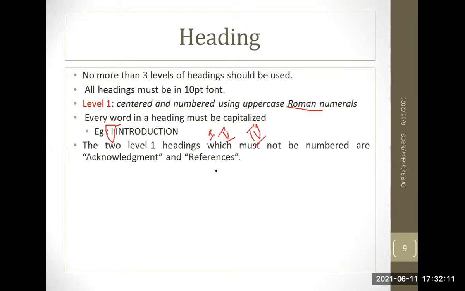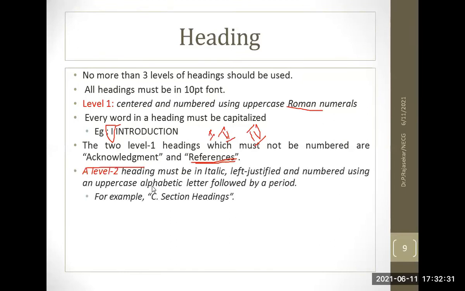But acknowledgement and reference should not be numbered. Most of the students give numbers in the reference also. It should not be numbered, and it should be in lowercase, not caps.